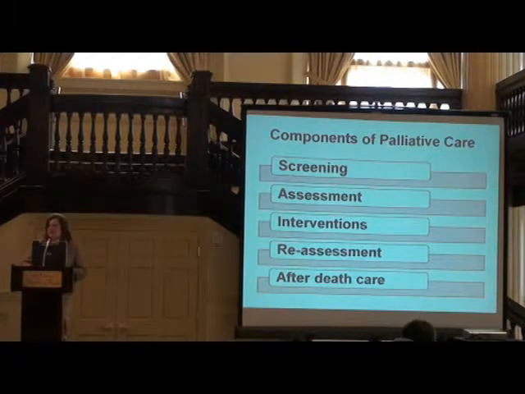Interventions is probably the biggest aspect where pharmacists get involved, because this is really where our pharmacological management comes into play, and we'll talk about some of the symptoms here in a few minutes. There's always continual reassessment. So have we done a good job controlling pain? Have we done a good job controlling some of the symptoms? If we haven't, why haven't we? And let's think about some alternate therapies, or have the goals changed?